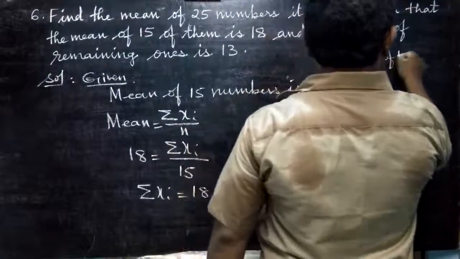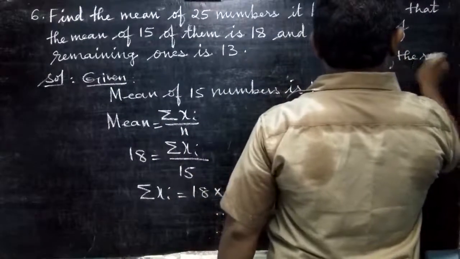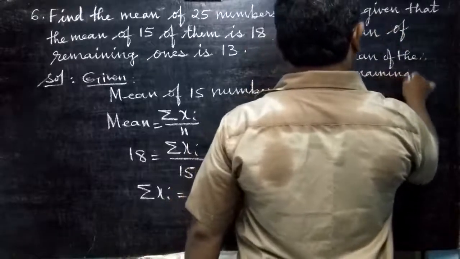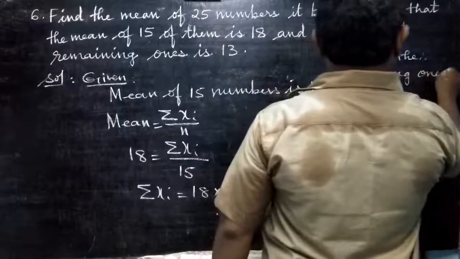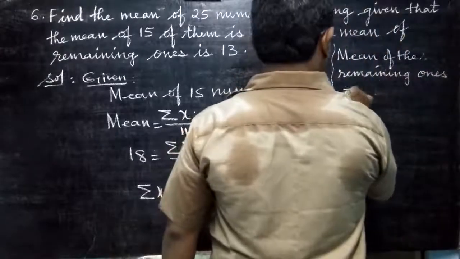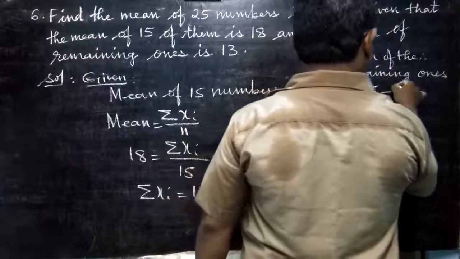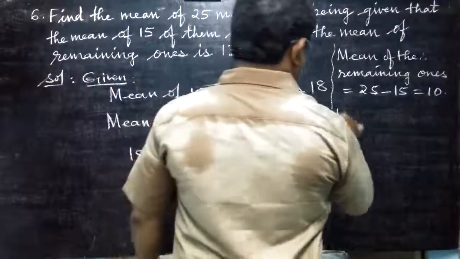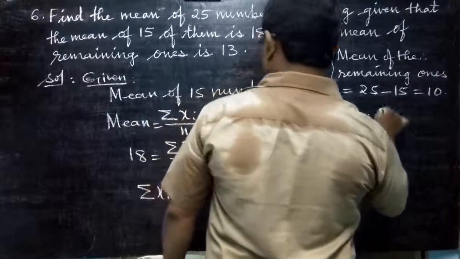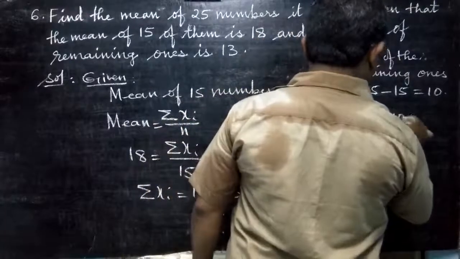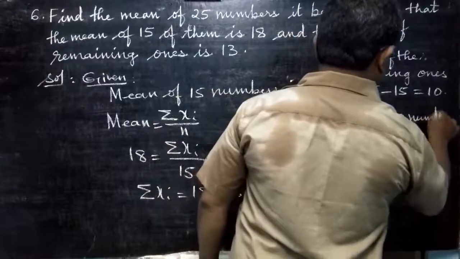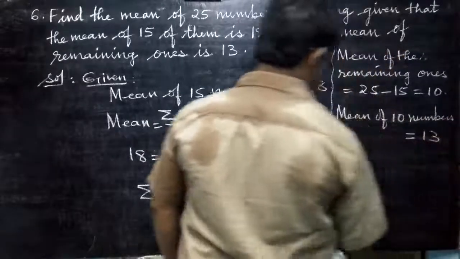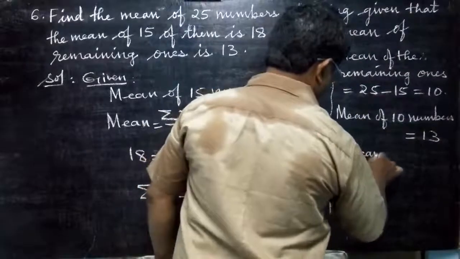Next, in the same way, we find the mean of the remaining. The remaining ones are 25 minus 15, how much? 10. So the mean of the remaining 10 numbers is given as 13.